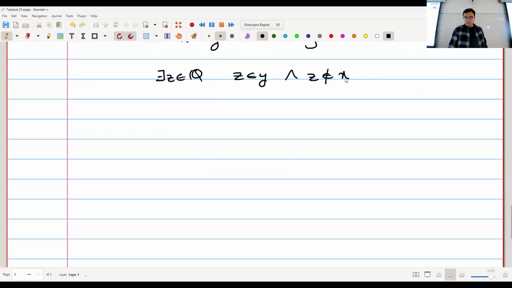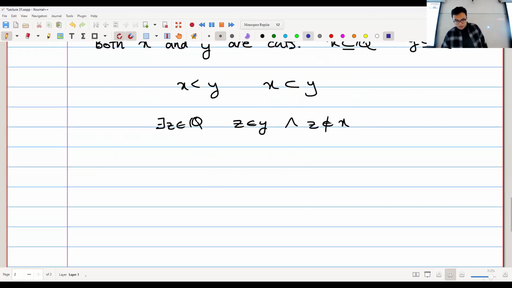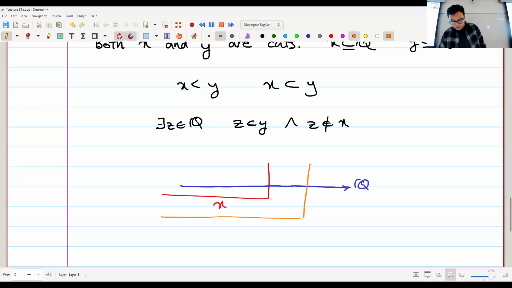Right? So again, if you just look at the intuition here, it's like this. I have my set Q, and I have a cut here. So this cut is X. I have another cut. This is Y. Because they're not the same, there is some element of Q that is in Y, but not in X. Let's pick it somewhere here.